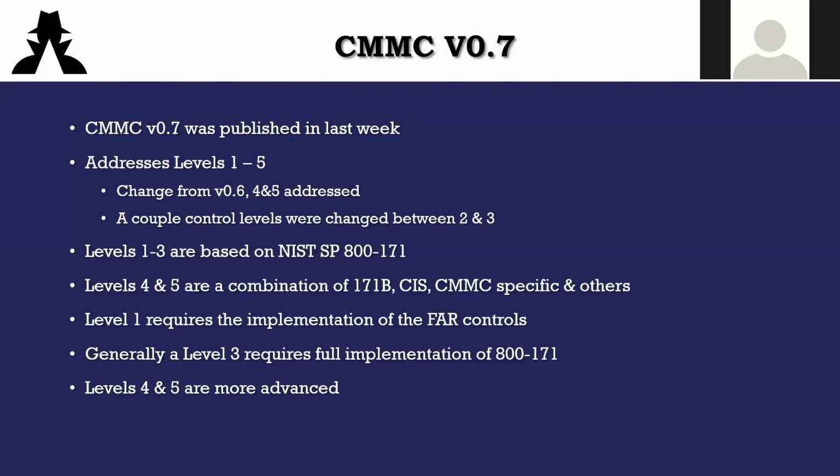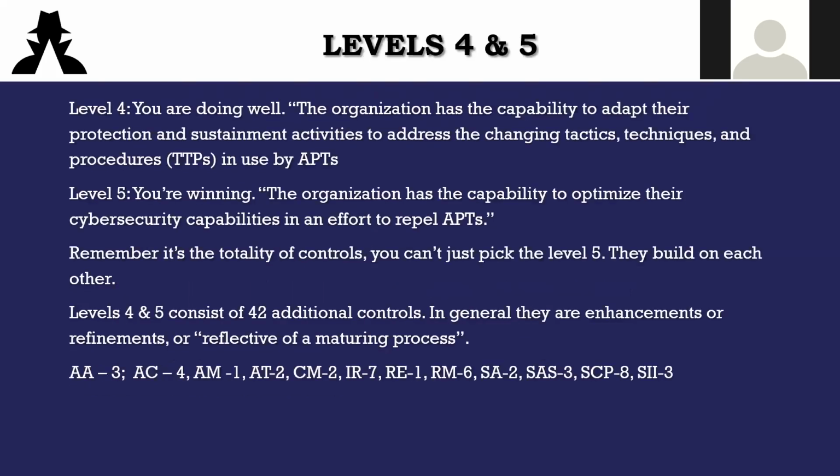All right. Level 1 is the FAR, level 3 is 171 plus a couple others. Levels 4 and 5 are more advanced. I believe there's somewhere on the order of 42 or 43 level 4 and 5 controls. So at level 4, you're doing well. If you get up to level 4, you're going to be fairly secure. You have the capability to adapt to address the changing tactics, TTP, of an advanced persistent threat.